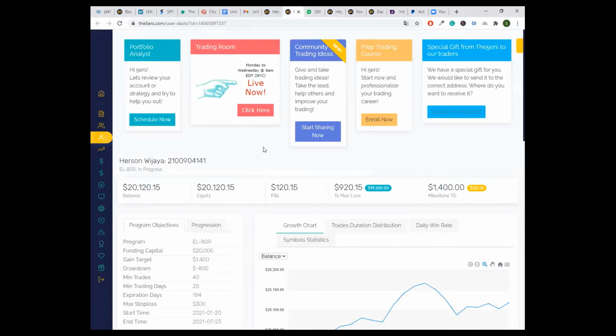Let me show you this. I can take this a bit down, so here it is in the middle. That's your dashboard, I guess most of you know how it looks. Let's go one step back.